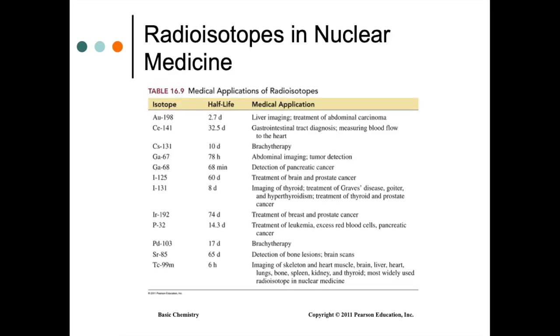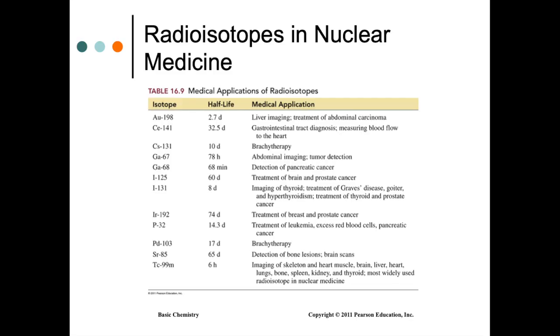Now, I mentioned that you want to use isotopes that have a very short half-life. Okay, that's one of the key requirements here. If you notice all of these examples, they all have relatively short half-lives on the scale of days and hours and minutes. And secondly, you want to pick isotopes that will get absorbed by the organ or tissue that you want to study. Okay, so I gave you the example earlier with iodine and pointed out that's used for thyroids.